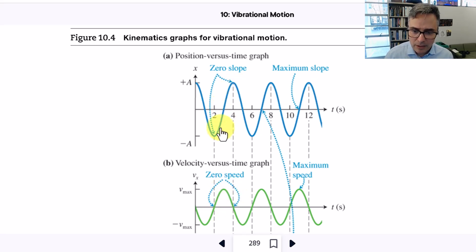So every time it crosses x equals 0, that's when it has the maximum speed, either the negative Vmax or plus Vmax at those points. And then conversely, when it reaches either its highest point or lowest point, so its maximum or minimum value of position, that's when it momentarily stops, because that's a turning point, right, when it goes from positive velocity to a negative velocity.